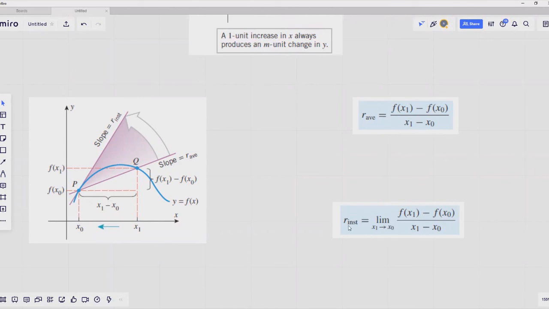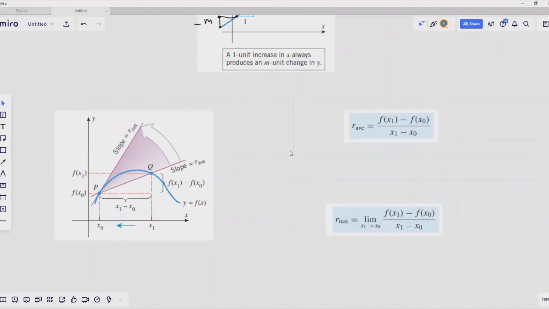And the instantaneous rate of change, similar to instantaneous velocity at a point, is defined as the limit as x1 approaches x0 of (f(x1) minus f(x0)) divided by (x1 minus x0). So this is the slope of the tangent line to the graph of f at point x0.